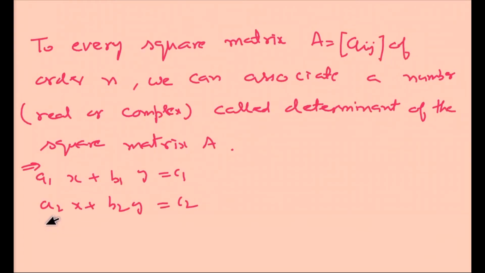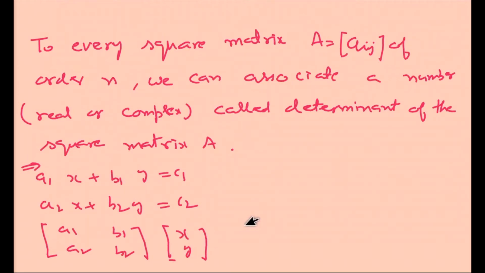Now if we write this way, the matrix of a1, b1, a2, b2 and the matrix of x, y, if you find the product of this, you will get these equations.